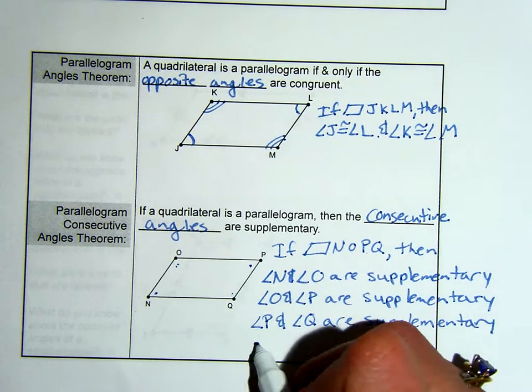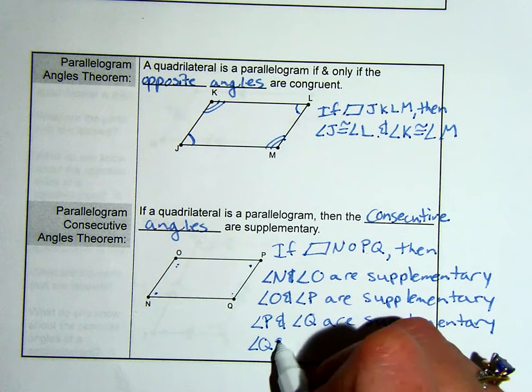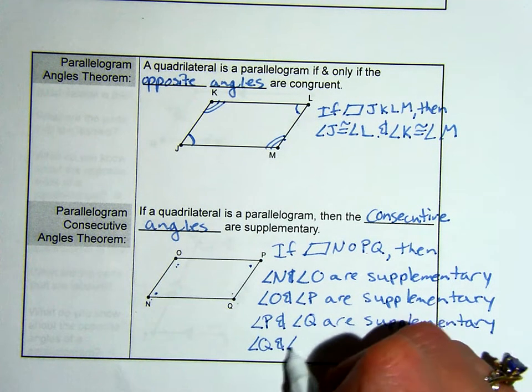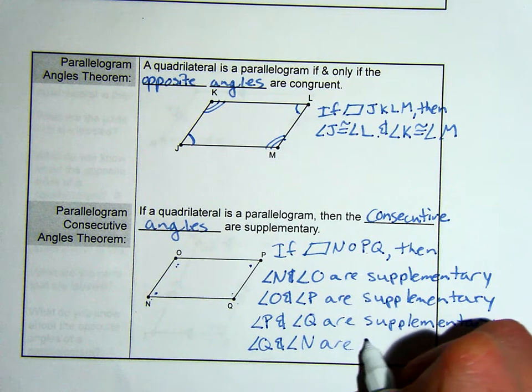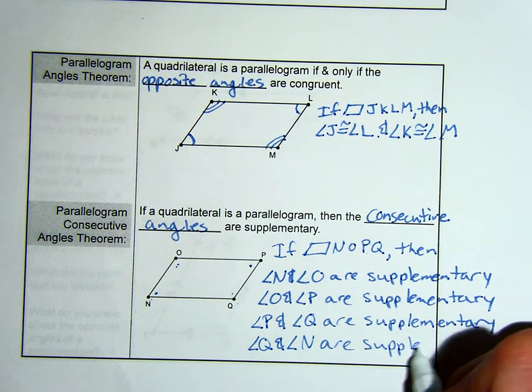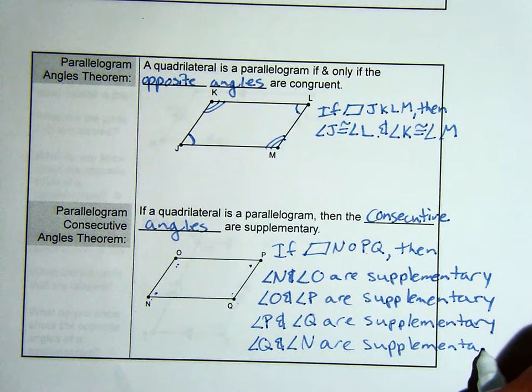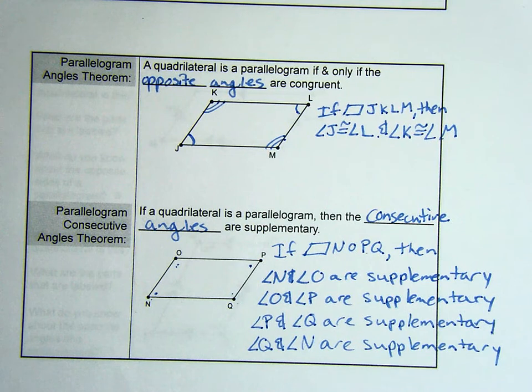And Q is supplementary with angle N. So in total, we have 4 pairs of consecutive angles.